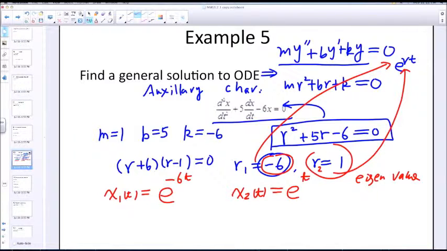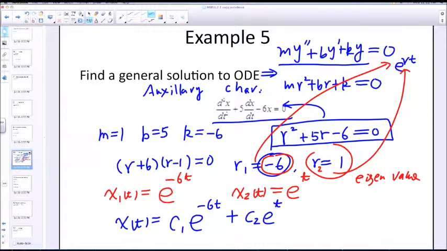Once we get these 2 eigenvalues and we get the 2 solutions, in the last step, you remember a general solution looks like this. You multiply by 2 constants. If I put in the initial conditions, the initial conditions will help you to get the two constants, and you get a unique solution. Well, that's just a quick way to see how to use the characteristic equation to solve the differential equation.